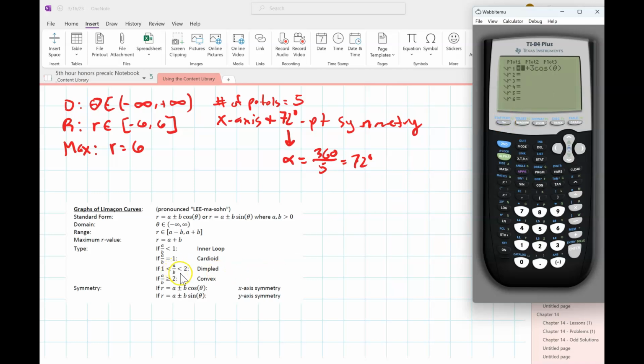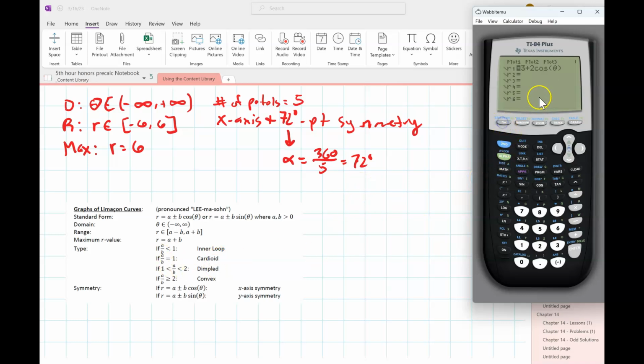If a over b is between 1 and 2, maybe I'll make a 3 and b 2. That'll be 1.5, so that'll be in there. So that's the dimpled. I think if we zoomed in real close, you'd see a little indent or something. The cardioid and the dimpled are the two that are the hardest to tell apart just by looking at the picture.